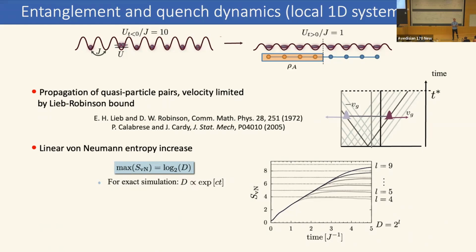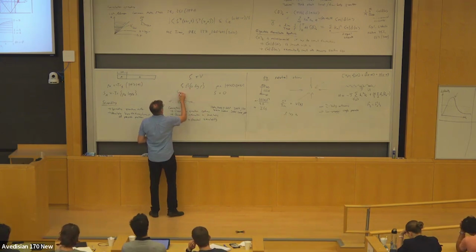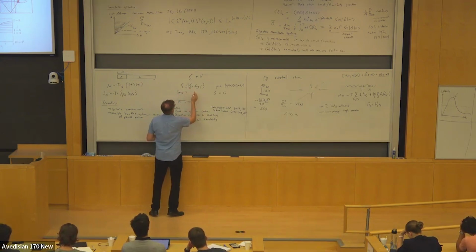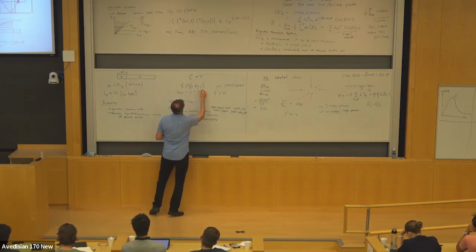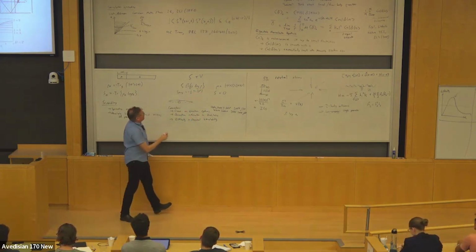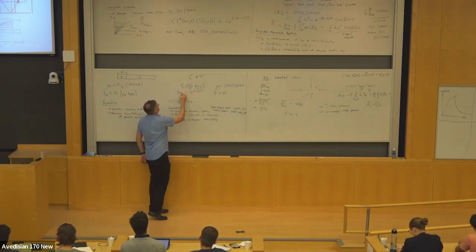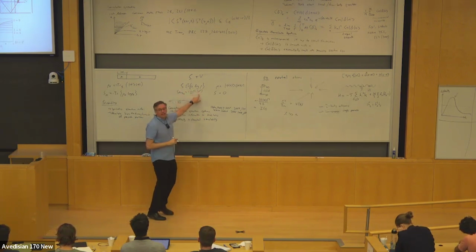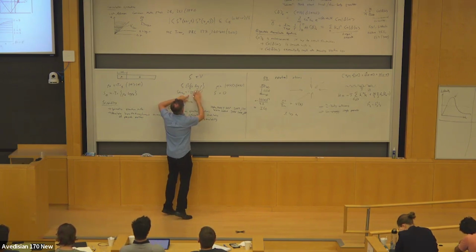Sometimes we'll be interested in Rényi entropies. Rényi entropies, instead of being minus trace of rho log rho, come with different orders n, and basically it is the log of the trace of the powers of the matrices.